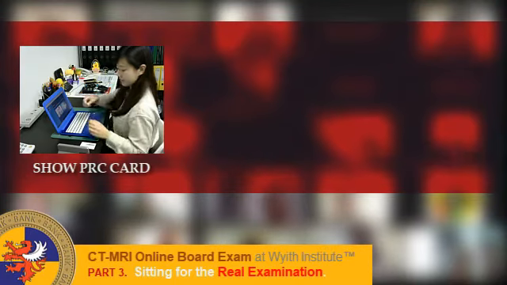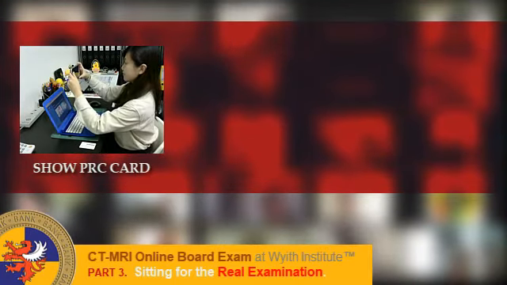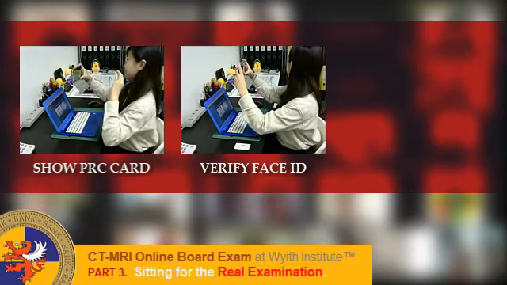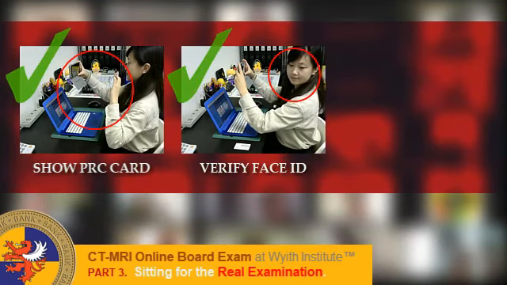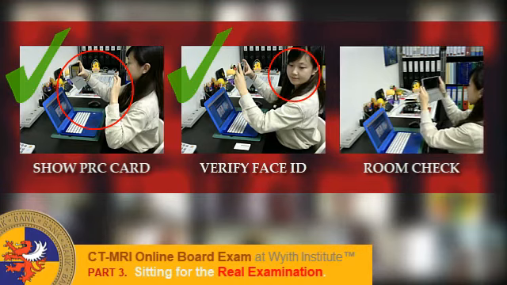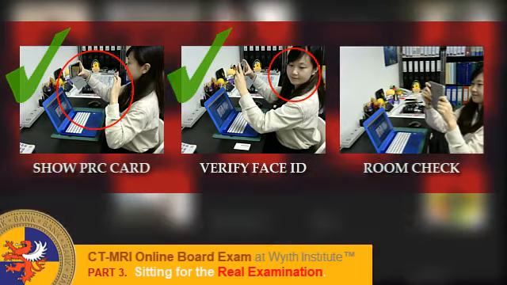Once you are connected to Zoom, you will be queued for verification. Our invigilators will ask you to show your PRC card and perform a few movements in front of your cell phone so that we can see clearly if that's you in the PRC card. We will also ask you to pan around your room so that we can see your surroundings before you start your exam.